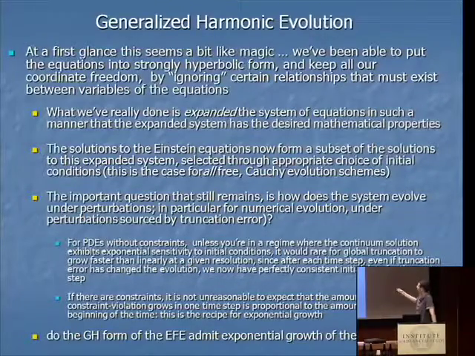So we're now at the stage where we've got a mathematically well-posed system, but the really important question still remains, the same as with the ADM and all these free evolution schemes. We've now expanded the system so that it has a nice mathematical character. But because it's an expanded system, even if we start with initial conditions that exactly satisfy the constraints, how are they going to behave when we evolve the system with these equations?